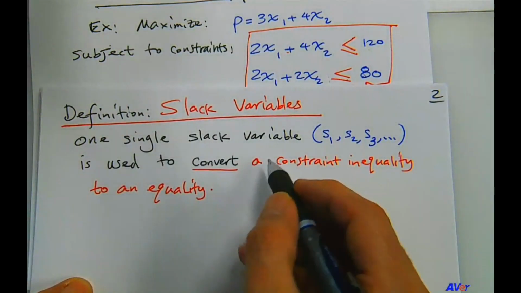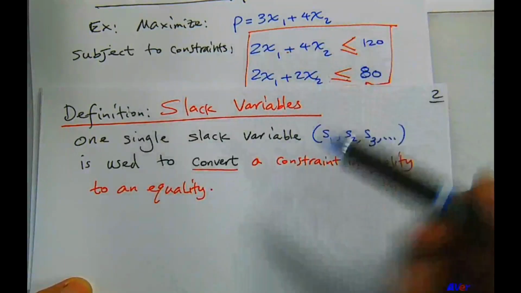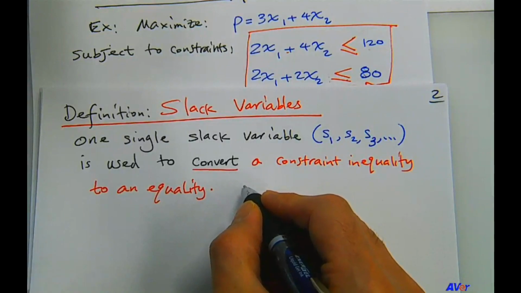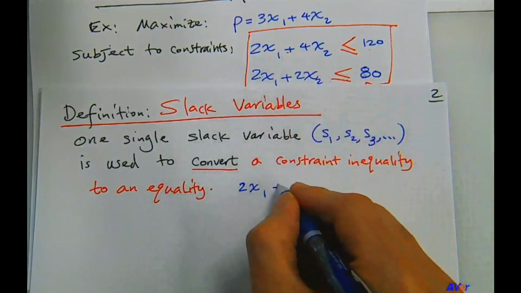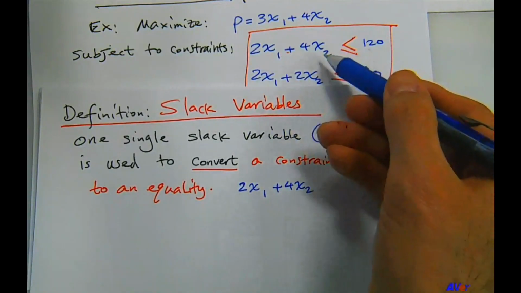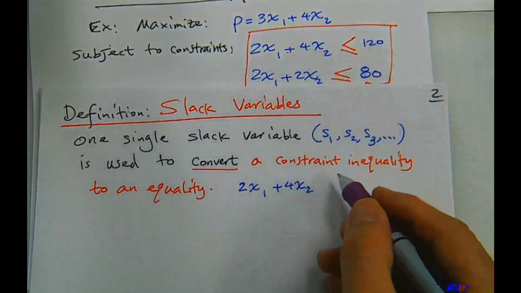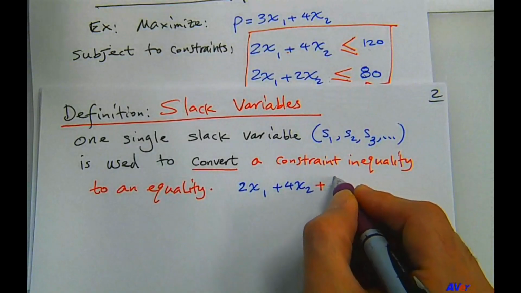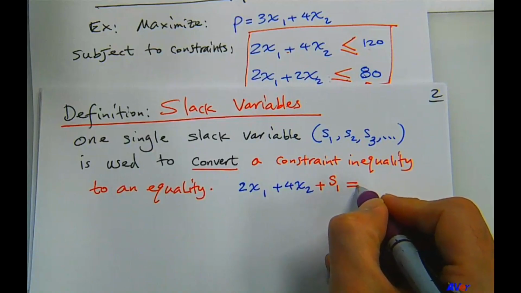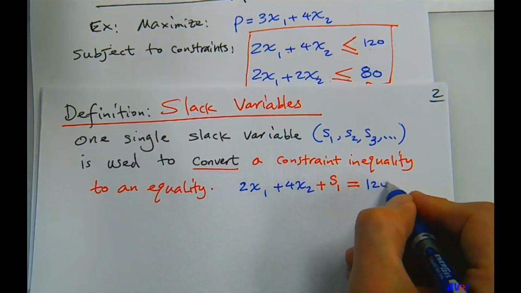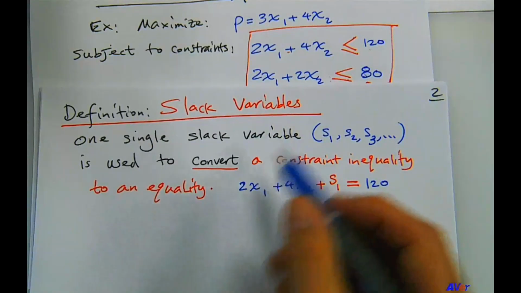Suppose we want to convert these two to equalities, then we have 2x1 plus 4x2 plus s1 equals 120. So the inequality is gone, and now we have a slack variable.